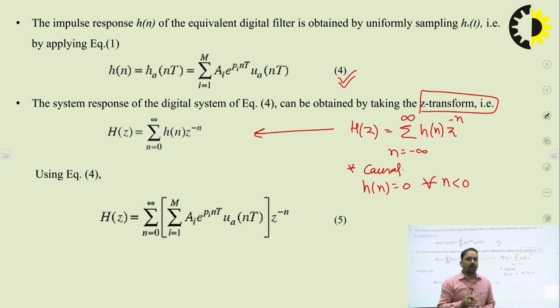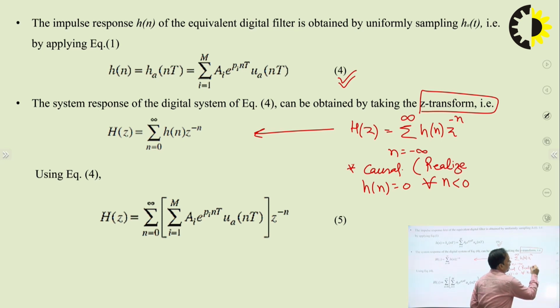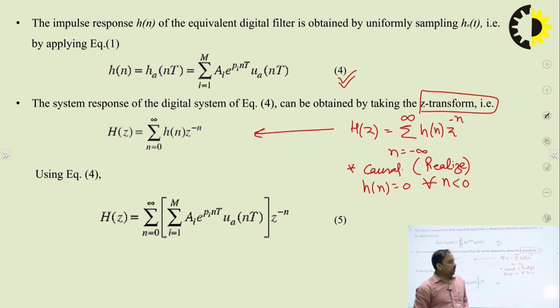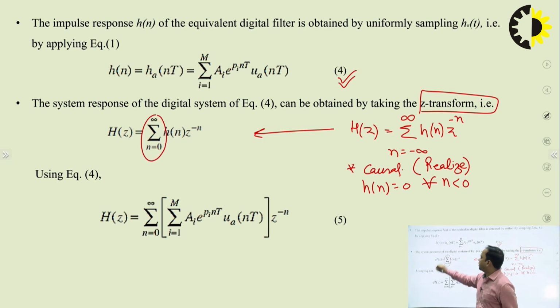We are assuming that the system is causal because we have to implement this filter and realize it with the help of some structures, so it has to be a causal one. So the summation can be converted from minus infinity to infinity into 0 to infinity only, and we'll be taking the Z transform of equation number 4.